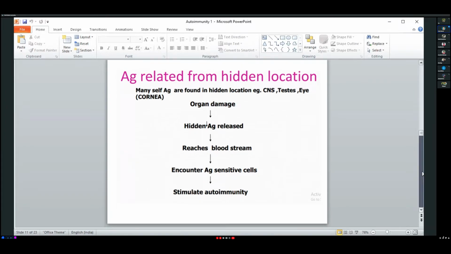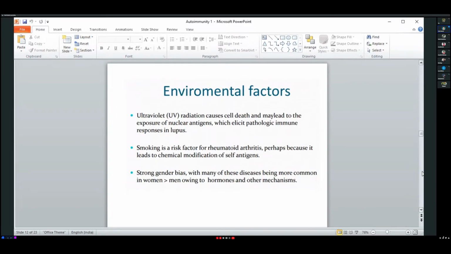There are many environmental factors such as ultraviolet radiation and smoking. This also causes some heightened response of autoimmune disorder. One point that you should keep in mind, a strong gender bias is observed in autoimmune disorder.